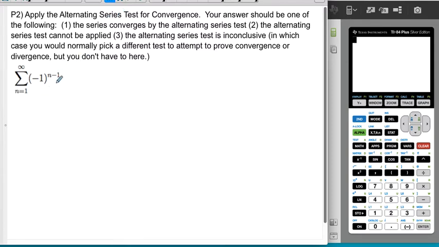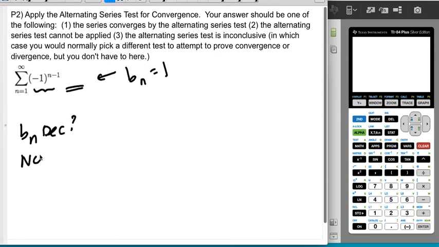Okay, same thing with P2. Now this one's tricky because you might say, okay, I see the alternating, but what's the other thing? What's the b sub n? Well, in this case, b sub n is just the number 1. The trick here is that, remember, I have to show two things. I have to show that b sub n is decreasing. Well, it's not. b sub n is literally the number 1. It's always a 1. There's no term there.